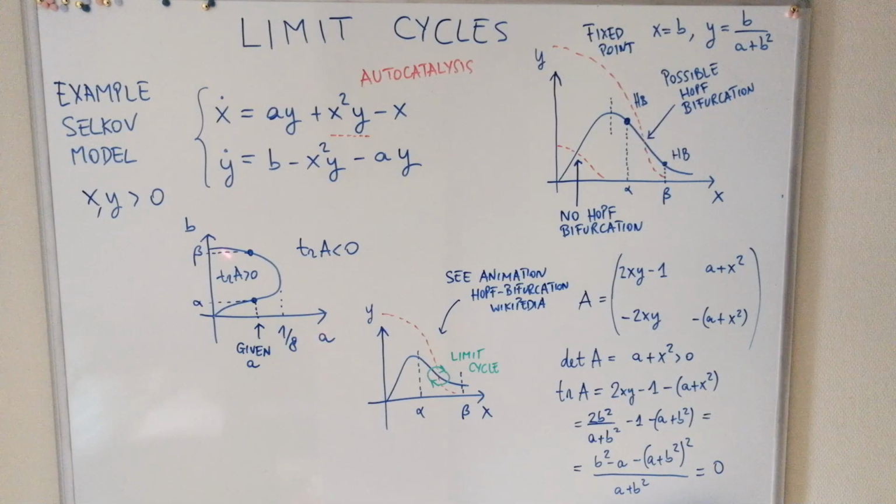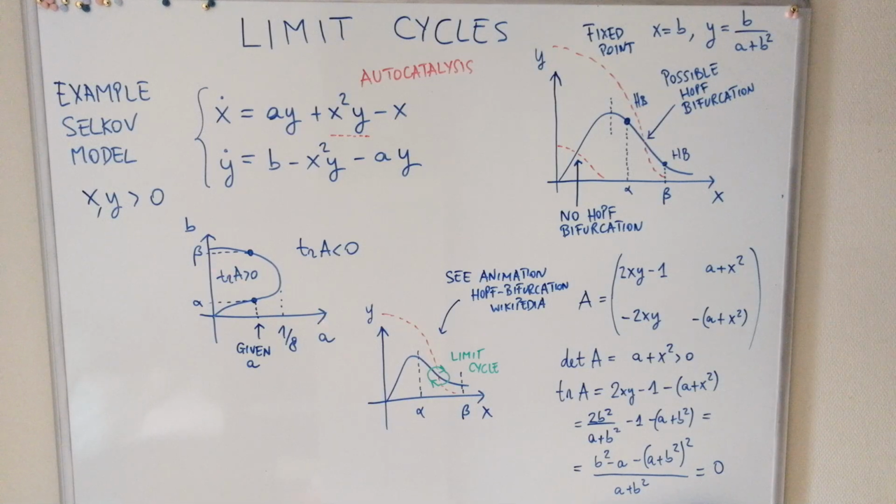So you plot on the plane of the parameters a and b, and you find the following. The region of points where a and b are such that the trace is 0 is given by this solid line, and the solid line separates a region where the trace is negative and another region where the trace is positive.